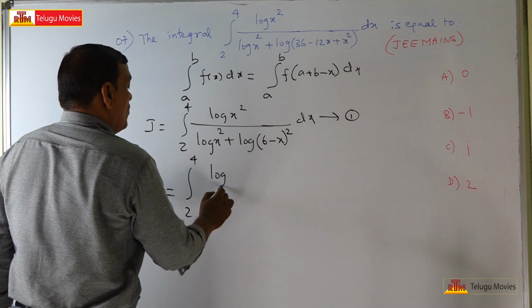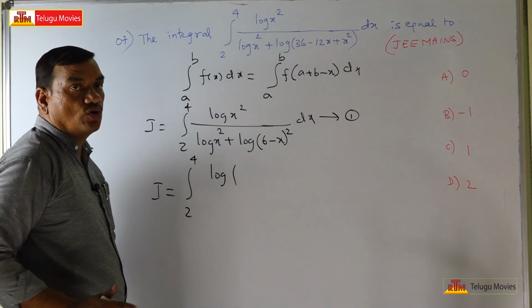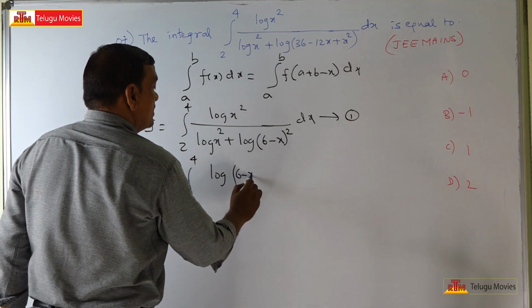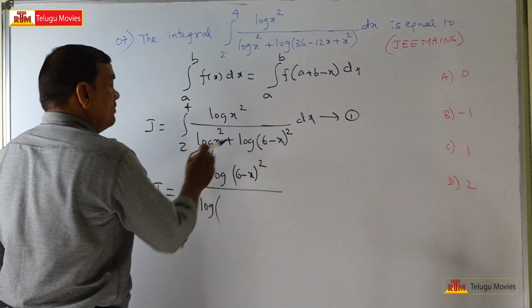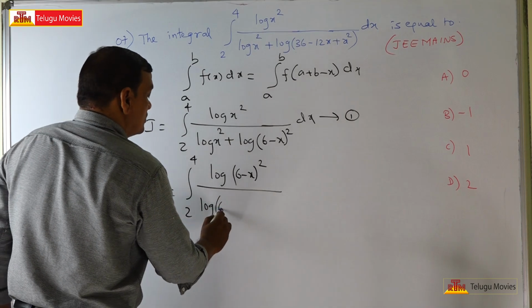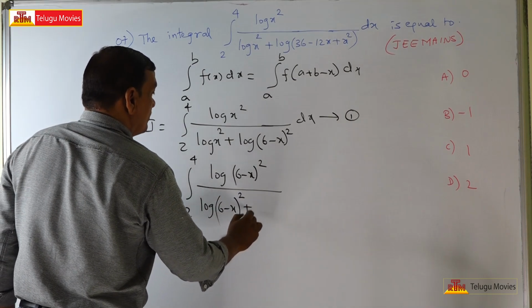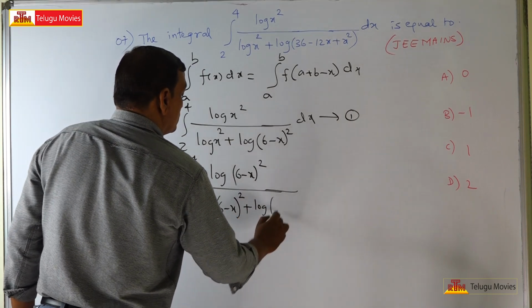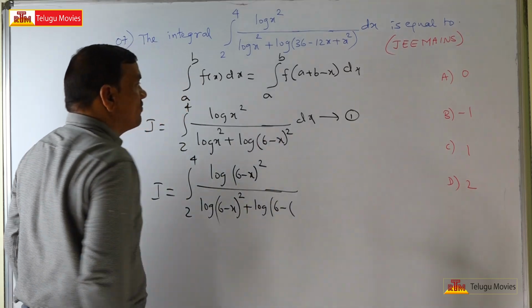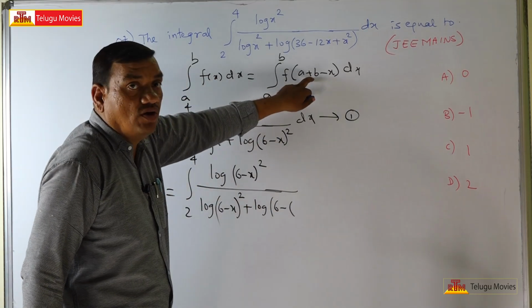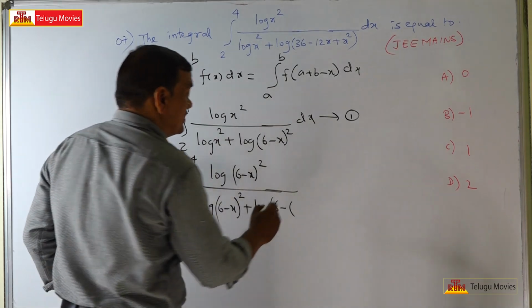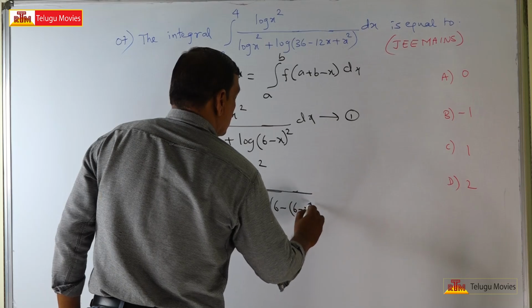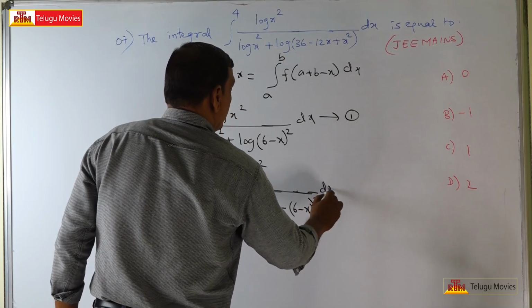So log of (6 minus x) whole square by log of (6 minus x) whole square plus log of, in place of x, what do you write? A plus b minus x, that is 2 plus 4 minus x, 6 minus x, (6 minus x) whole square dx.